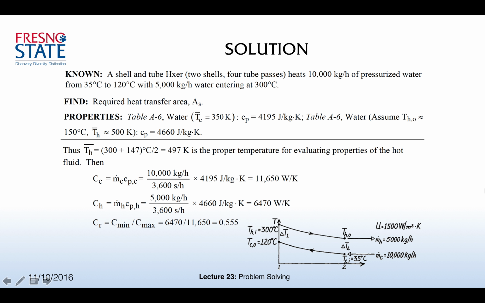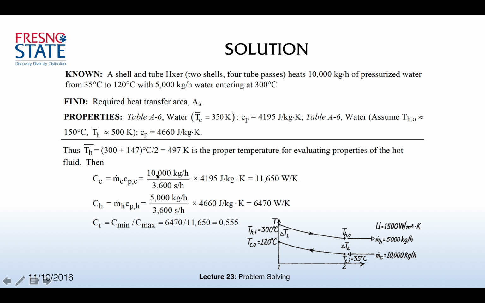Anyway, I'm now going to calculate the heat capacity, capital C, for both fluids. So I have to calculate CC and CH, so that I can decide which is C minimum. My CC is m dot cold times CP cold.